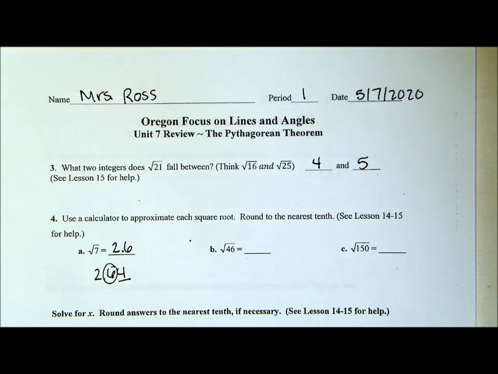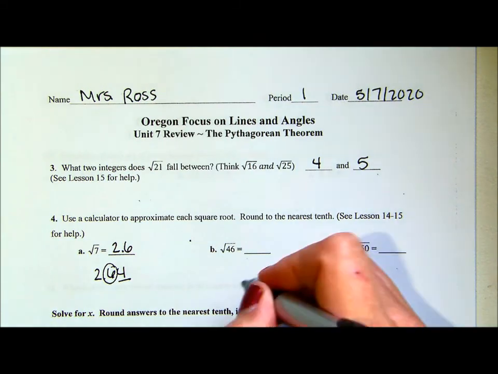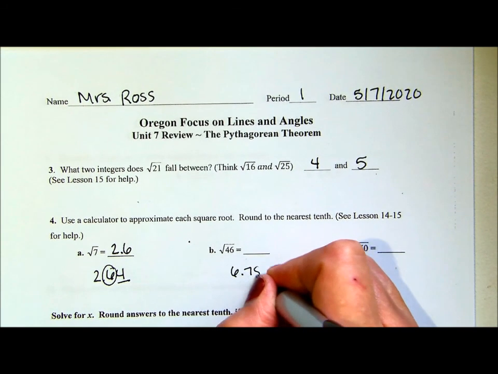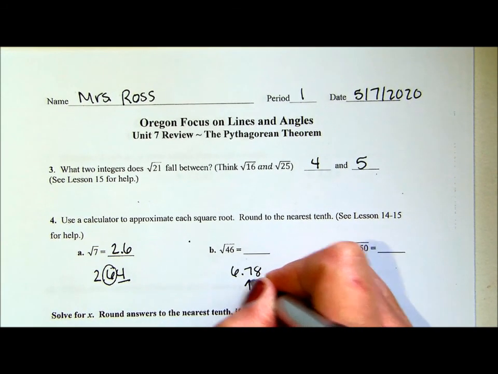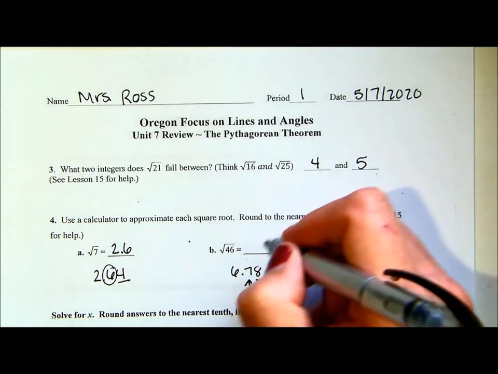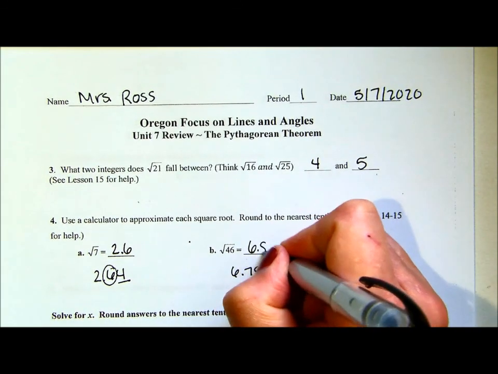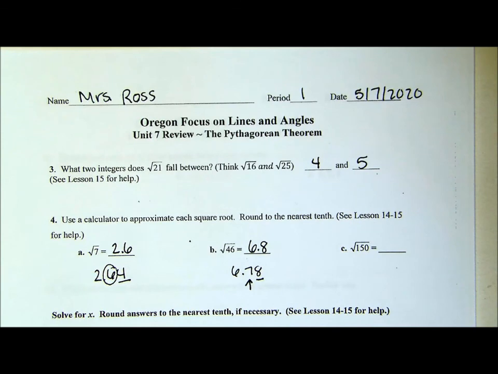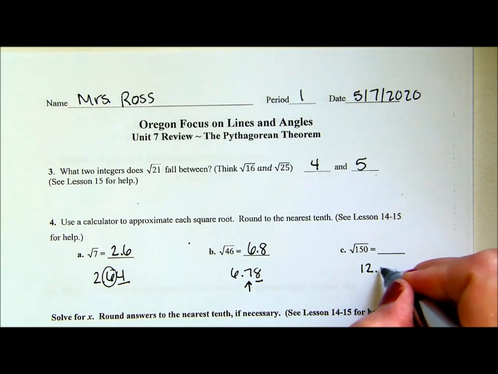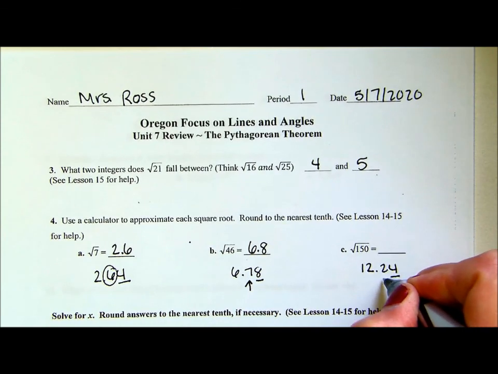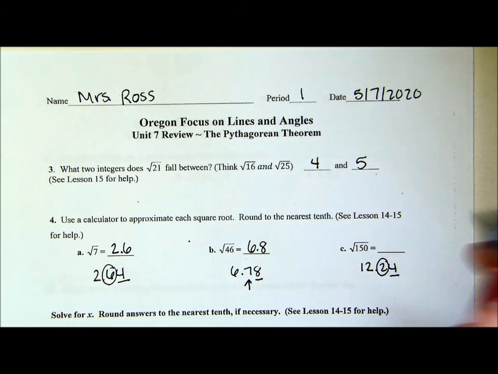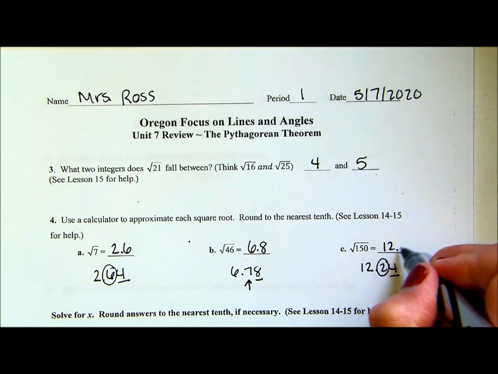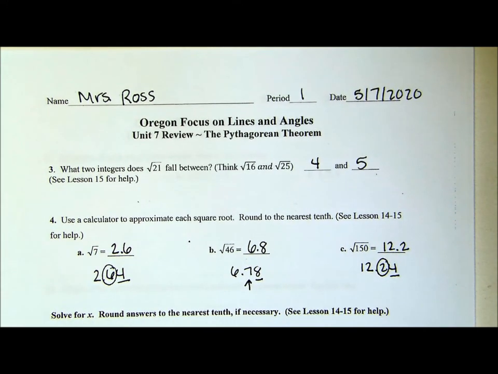The square root of 46 is 6.78. That 8 is going to cause my 7 to round up. So we're going to be left with 6.8 as our answer. And the square root of 150 is 12.24. This 4 is going to cause my 2 to stay the same. So I'm going to have 12.2 as my square root.